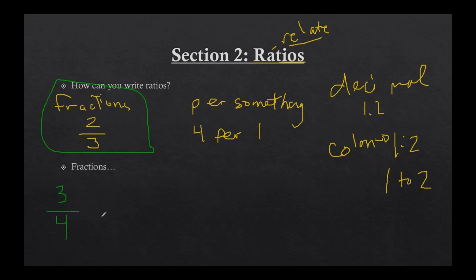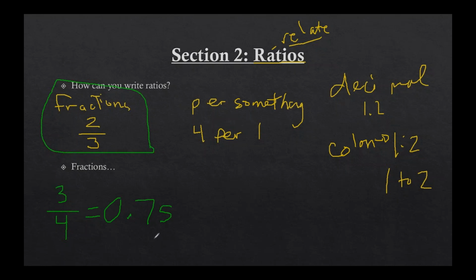If I have a fraction of 3/4, how do I change that to a decimal? This is just a refresher for you. Divide. Fantastic. And it's super important that we always divide the top number by the bottom, right? So 3 divided by 4, we end up with a decimal of 0.75.